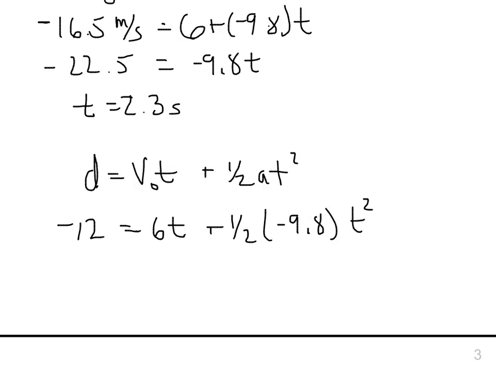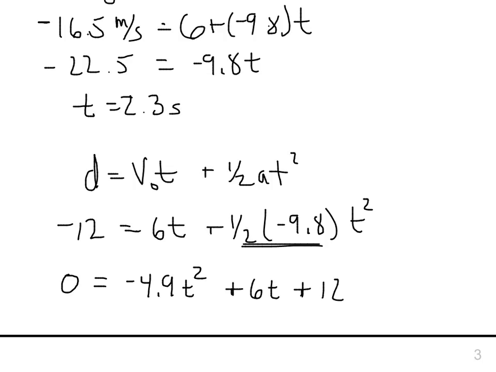When I'm using the quadratic equation, I need to solve everything for 0. So I'm going to add the 12 to the other side. 0 equals, I'm going to do this first. Half of 9.8 is 4.9, so negative 4.9 T squared plus 6T. And then I have plus 12, because I have to add the 12 to the other side.